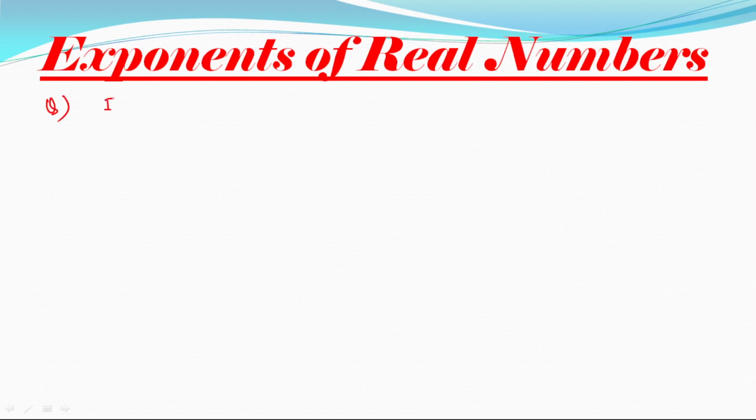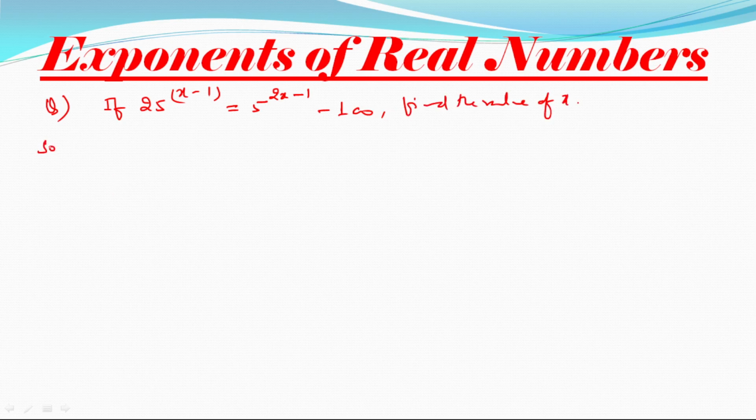So the question is given that if 25 to the power x minus 1 is equal to 5 to the power 2x minus 1 minus 100, then we need to find the value of x. Let us solve.